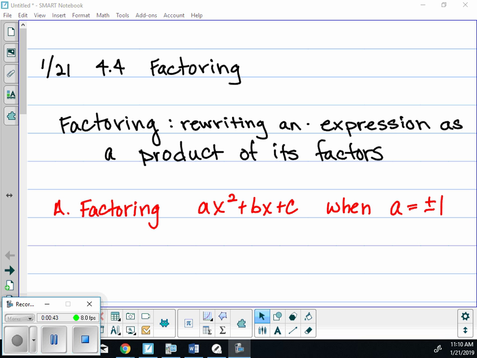When the number in front of x squared is something other than positive or negative 1, factoring gets a little bit more complicated. So we'll get there, but we're going to start only with positive and negative 1.